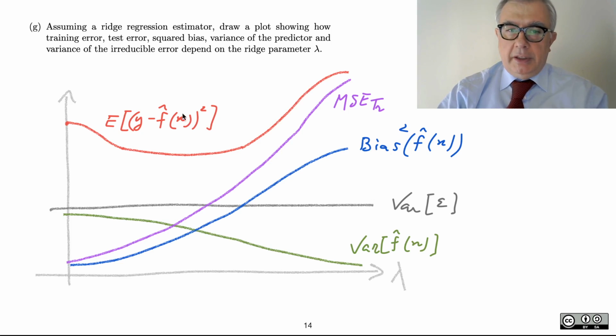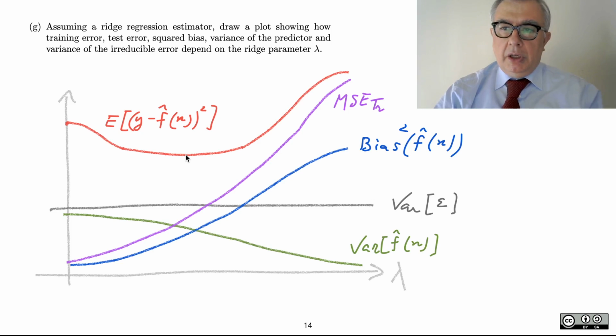And the mean square error on the test data, that is this red line, will usually have a minimum, because here you have, this is constant, this is going down, this is going up, and therefore it is quite common that you will have a minimum at some point, and this minimum would correspond to the optimal value of the shrinkage parameter lambda.